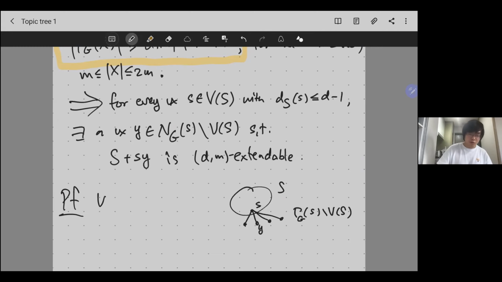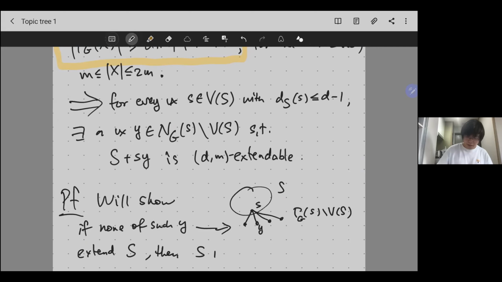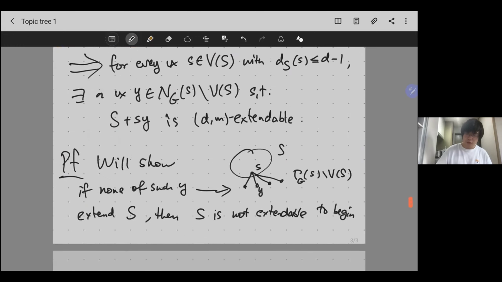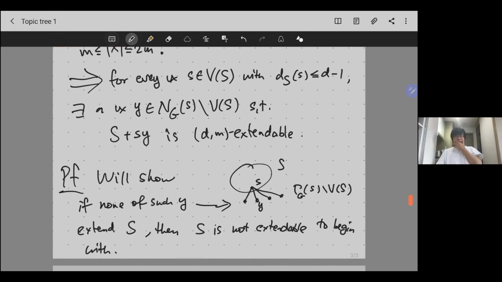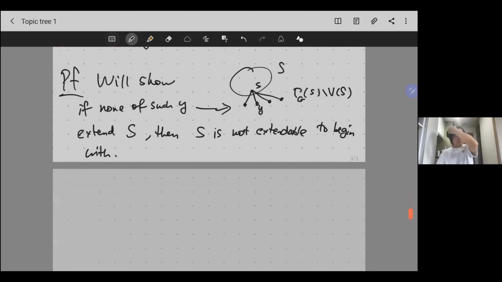So we will show if none of such y extend S, then S is not extendable to begin with, which is a contradiction because we assume S is d-m extendable. That's basically the idea. So let's prove it.